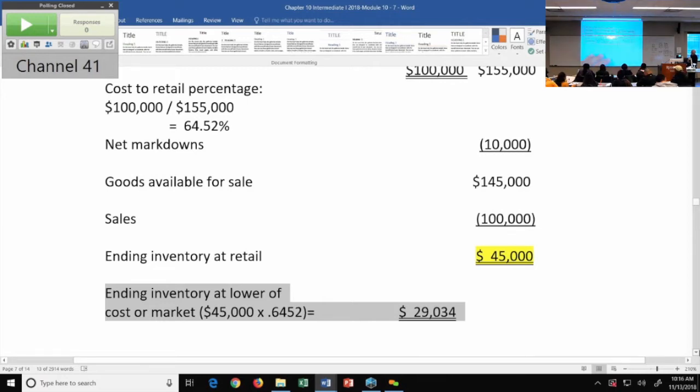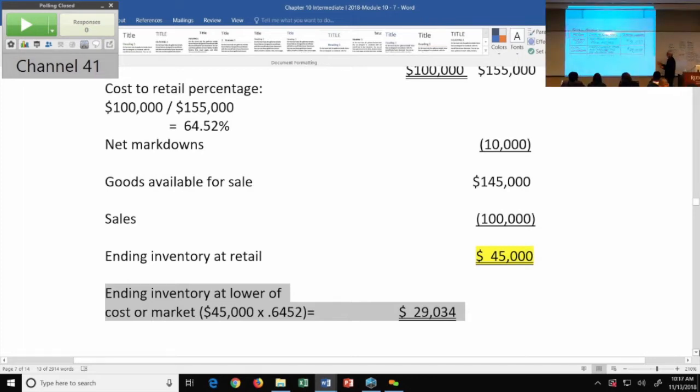I usually have it in my notes, I don't know why I left this off. If you wanted to start to get a summary, what's the method? Average cost. What's the cost to retail ratio? All costs are included, current and prior, that's beginning, markups, and markdowns. The ending inventory was 31,037.